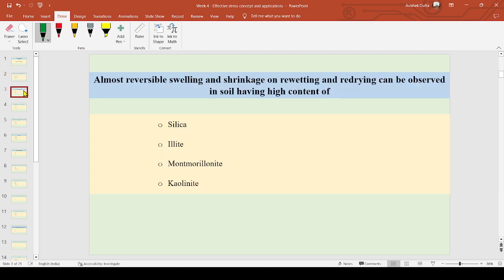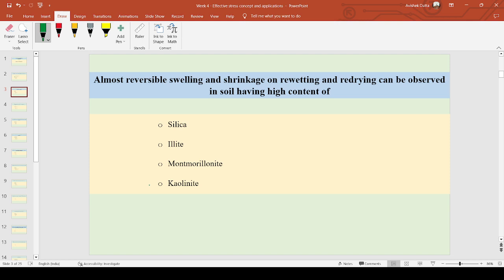Almost reversible swelling and shrinkage on re-wetting and re-drying can be observed in soil having a high content of which mineral? Silica, halite, montmorillonite, and kaolinite. Montmorillonite is a component present in black soils which exhibit high swelling behavior. Because of this montmorillonite, reversible swelling and shrinkage occurs on re-wetting and re-drying.